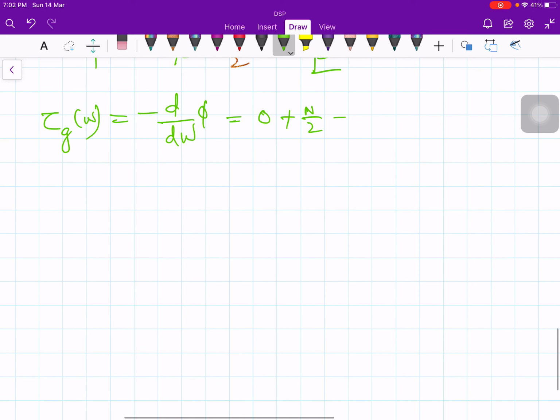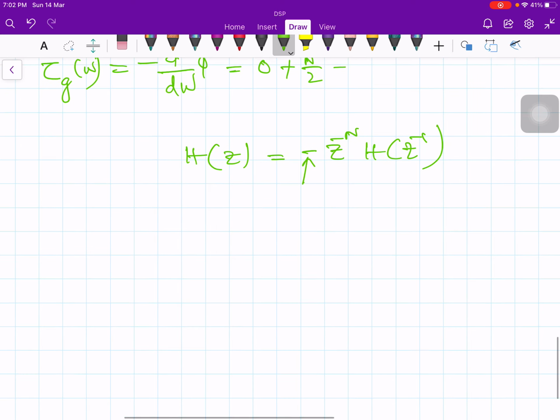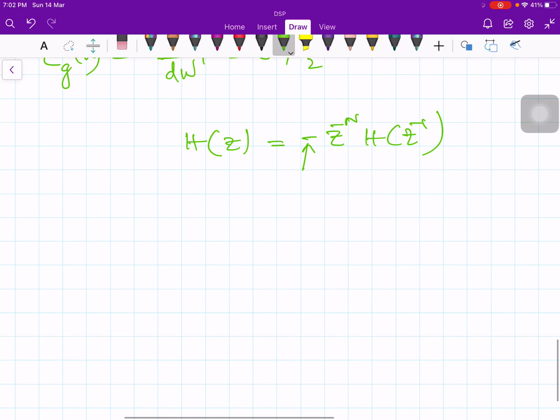Now as I said in the type 3 filter, H of z is equal to minus z to the minus N H of z inverse. This minus comes because of the antisymmetry and N is odd. Now substitute z equal to 1, then H of 1 must be equal to minus H of 1.